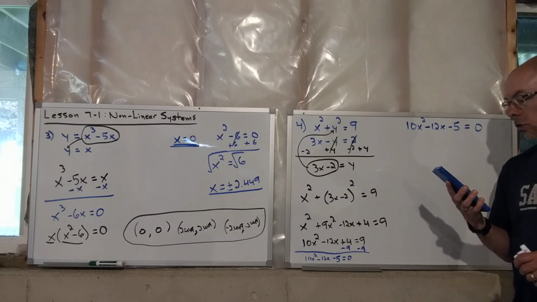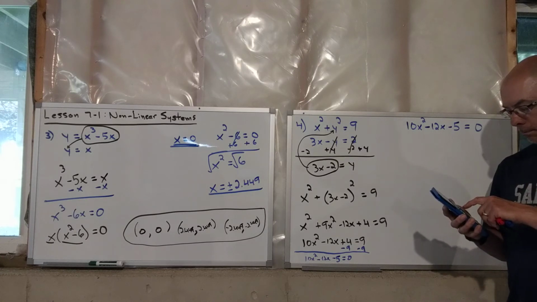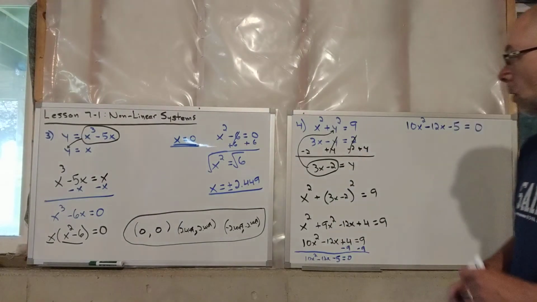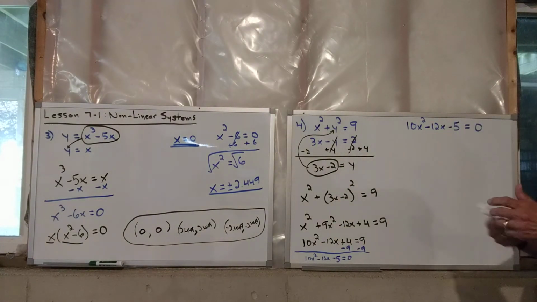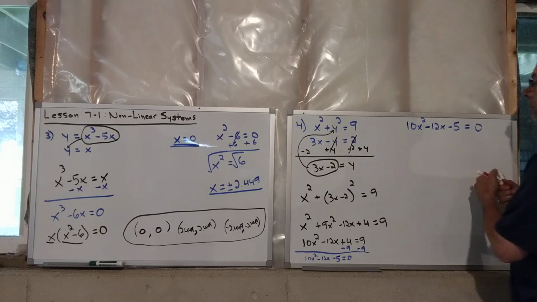Doesn't look super nice to me. So we are going to go right to the quadratic formula, which I know is not probably your favorite thing in the world. Oh well.